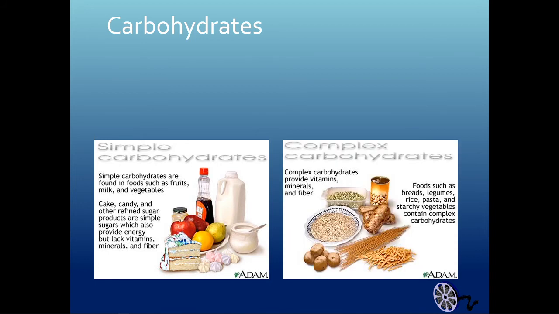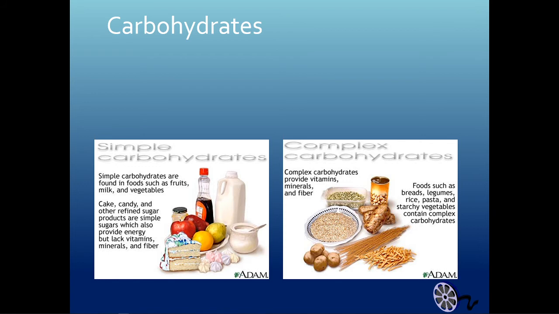Whereas the other type of carbohydrate is complex carbohydrates. These are made up of a whole bunch of simple carbohydrates linked together. So a whole bunch of fructose or sucrose or glucose or maltose, a whole bunch of those simple building blocks linked together make this big, huge structure that we call a complex carbohydrate.